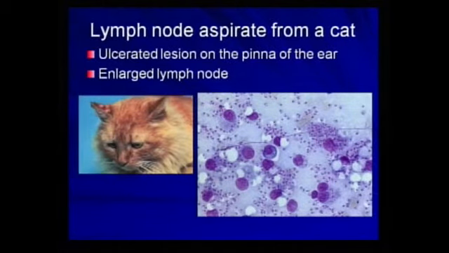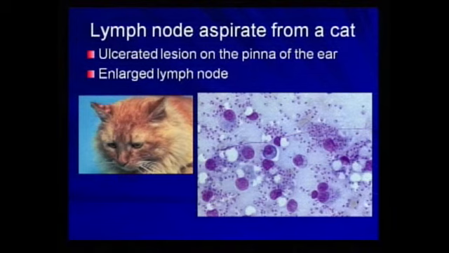Okay, we're looking at the aspirate of a cat. This cat had several ulcerated lesions on the pinna of its ear, and the cervical lymph node on that side was enlarged. An aspirate shows numerous macrophages, which contain small amastigotes, both free and within the macrophage cytoplasm.